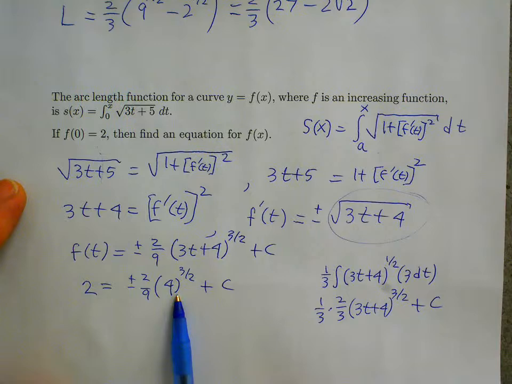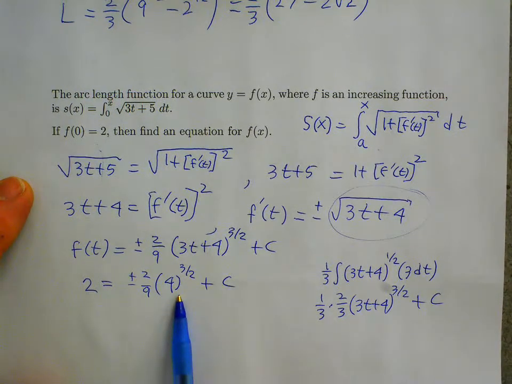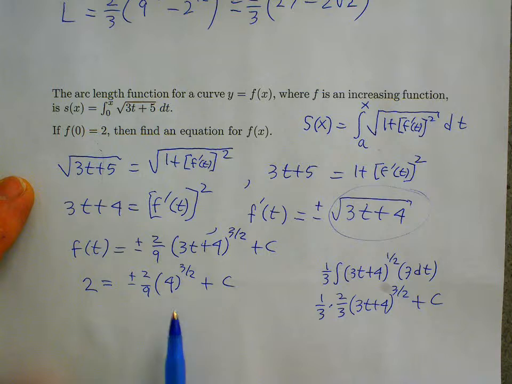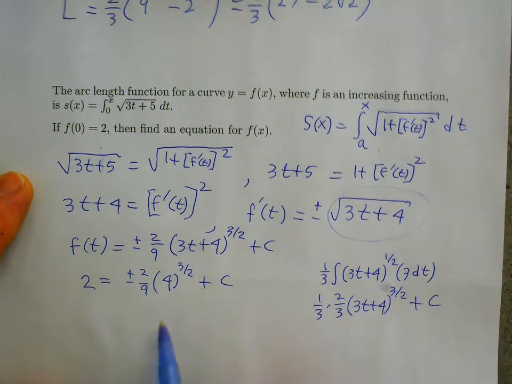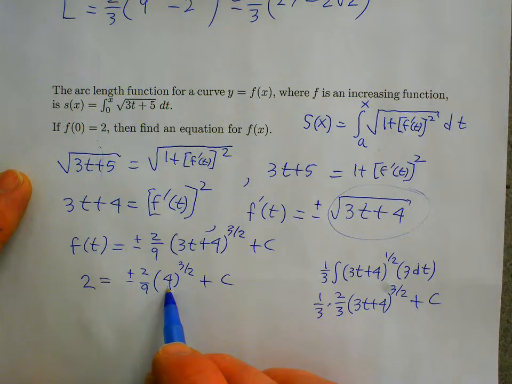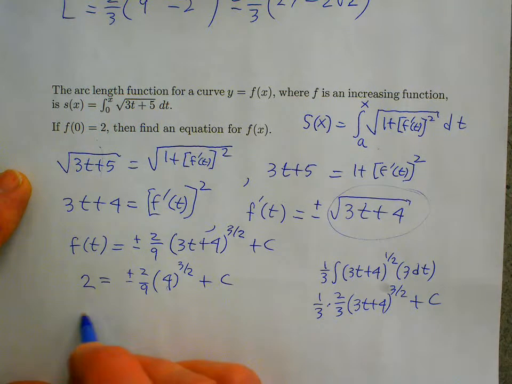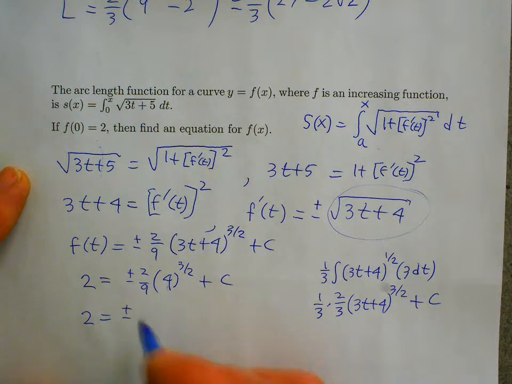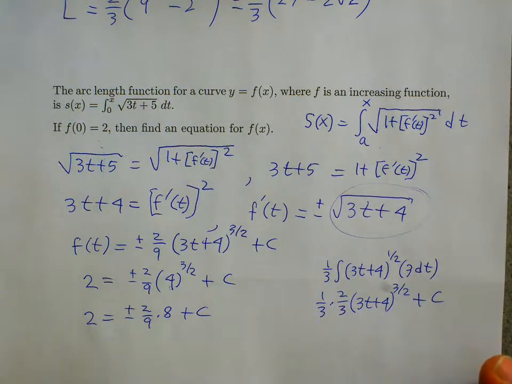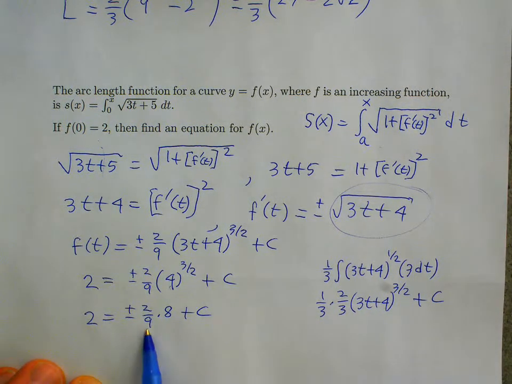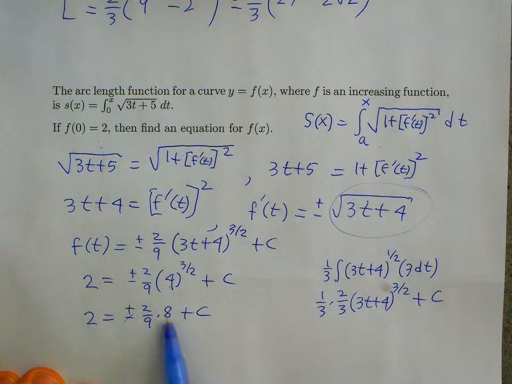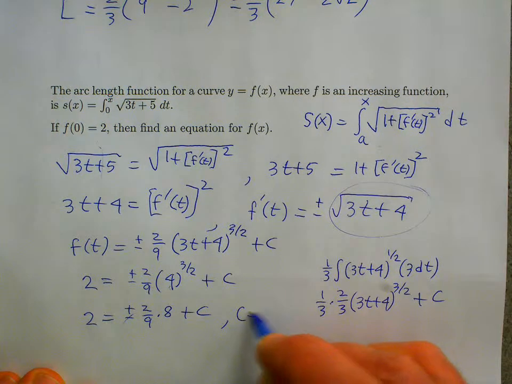So it looks like there are two possible functions. So 4 to the 3/2 is 8. So 2 equals positive or negative 2/9 times 8 plus c. So let's just pick the positive one. That will be easier. If I ignore the negative solution, then 2 equals 16/9 plus c, which implies that c equals 2/9.